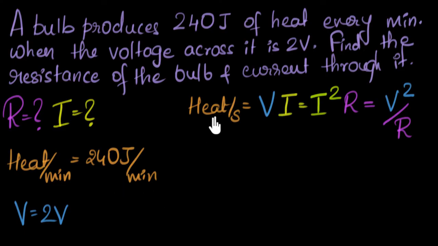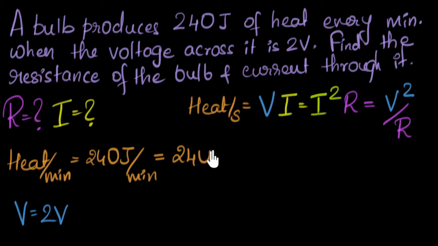The first step, as mentioned, would be to calculate heat produced per second instead of per minute. So how do we do that? Well, we can convert minutes to seconds, because I want seconds in the denominator, right? 1 minute is how many seconds? 1 minute is 60 seconds.